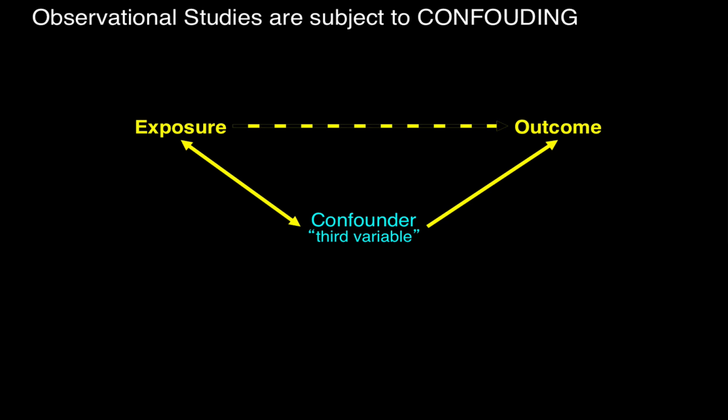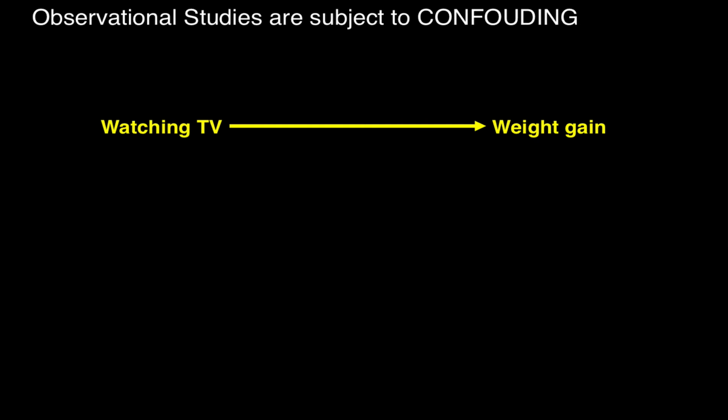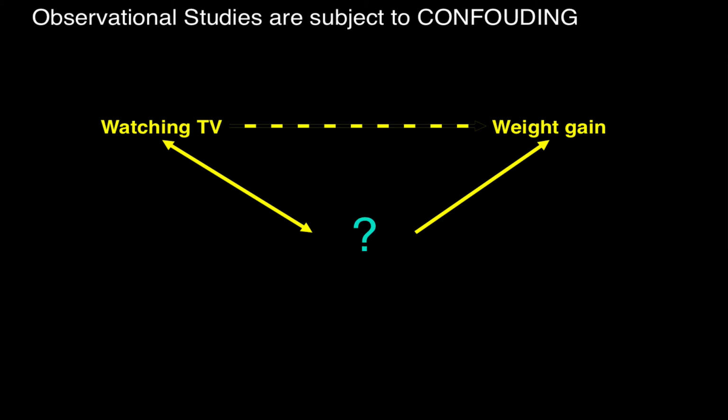I know that's pretty abstract, so let's think of a real example. Consider the exposure of watching TV. And the question is, it appears to be related to weight gain. But wait a minute. Is there some variable out there that's associated with watching TV that in fact leads to weight gain?